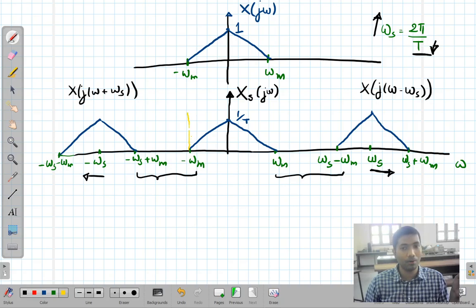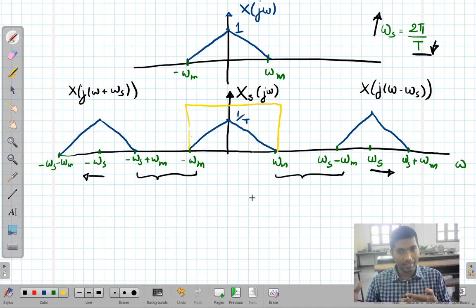This is an important concept that you need to understand. A low pass filter is a filter which passes low frequency components and blocks the high frequency components. So if you use a low pass filter, it will filter out the higher frequency components, and you will be able to obtain the required original low frequency component.